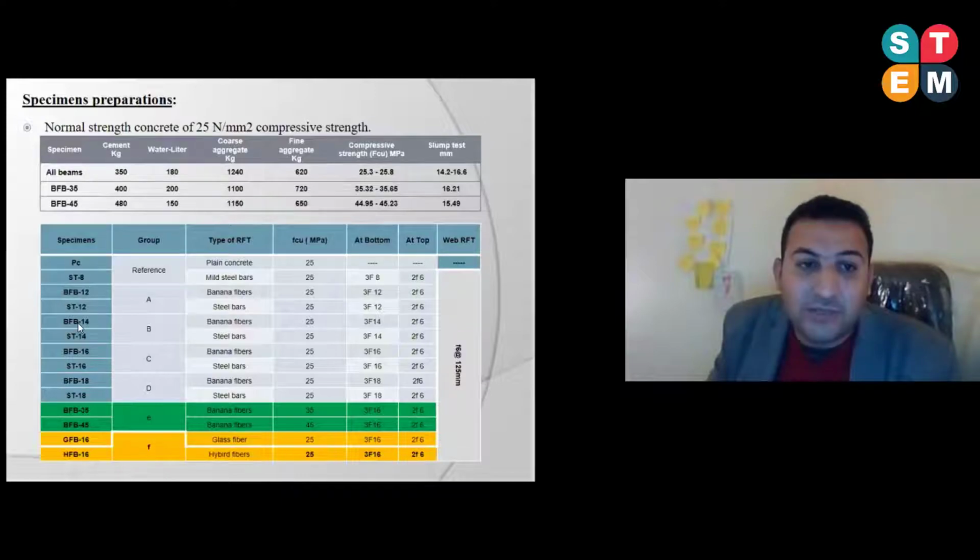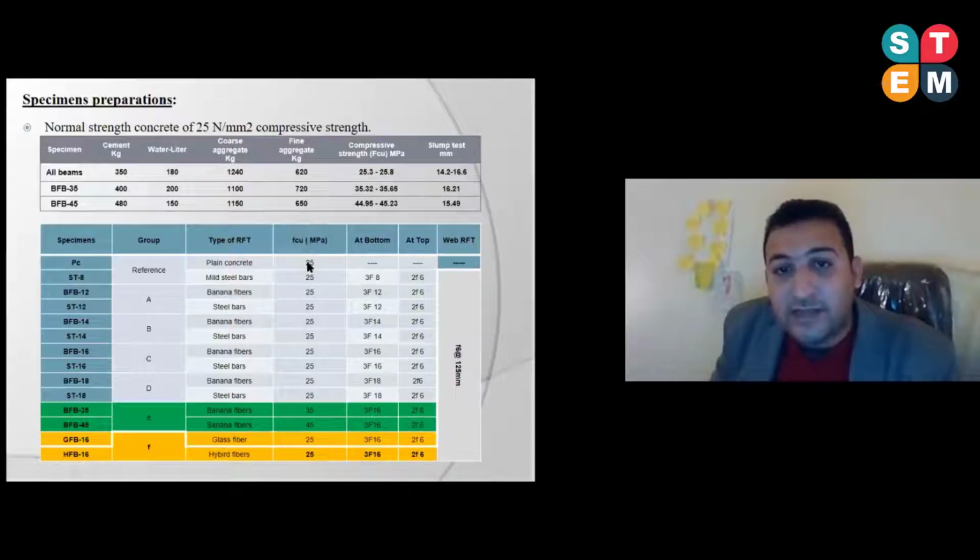This is banana with diameter 14, with steel bar with 14, and so on. But we used the reinforcement: plain concrete, mild steel, banana bars, and steel bars.